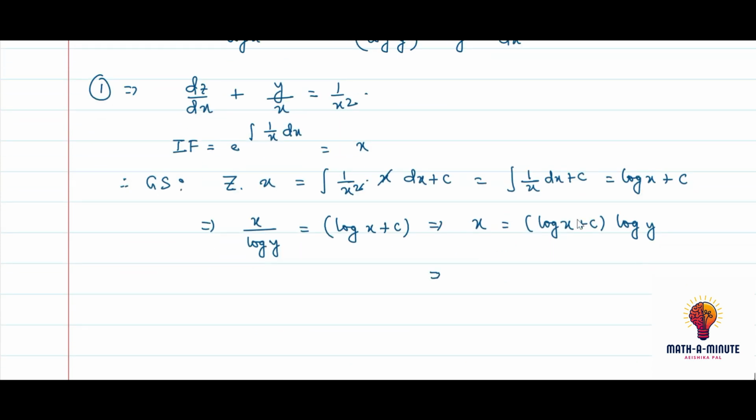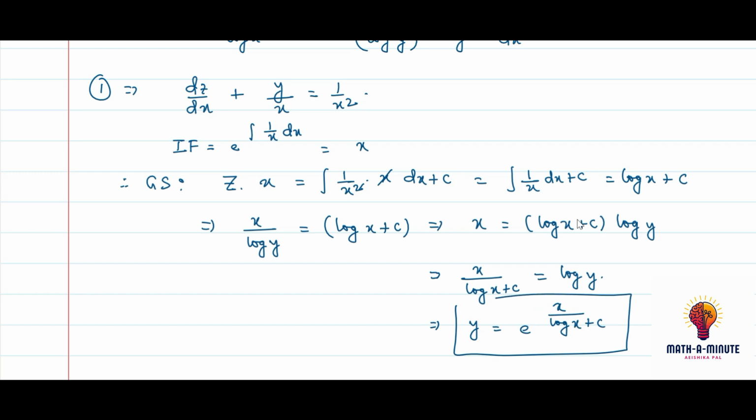We can write this equation in the form of x by (log x plus c) equals to log y, and here the value of y will be e to the power x by (log x plus c). So this is our required general solution of the given differential equation. Okay.